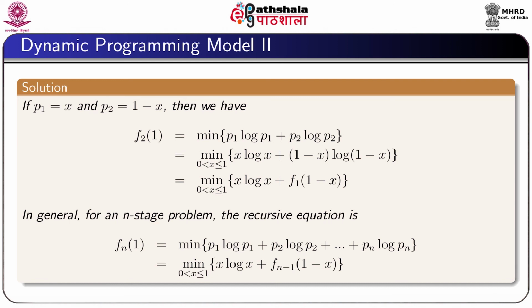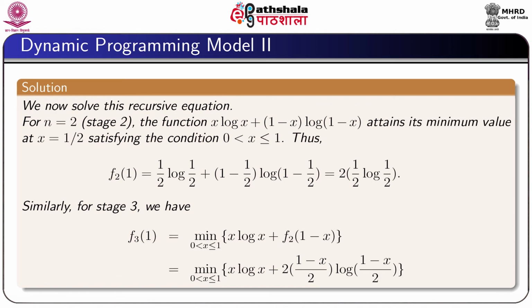In general, for an n stage problem, the recursive equation can be obtained as fn(1) equal to minimum of p1 log p1 plus p2 log p2 plus dot dot dot plus pn log pn, which is equal to minimum of x log x plus fn minus 1(1 minus x), where 0 less than x less than or equal to 1.